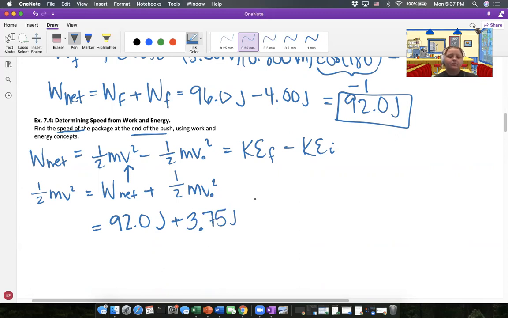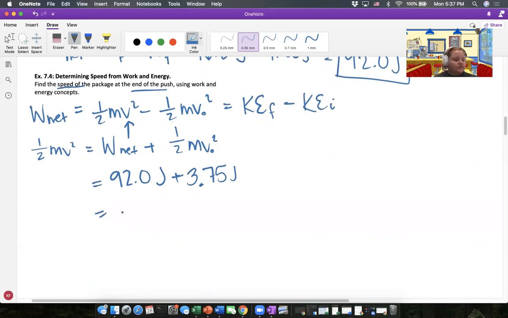This gives me 95.75 joules, and that's equal to 1/2 mv squared.